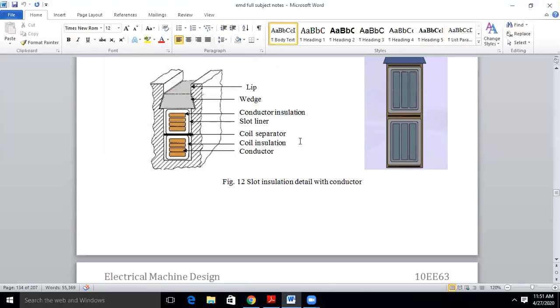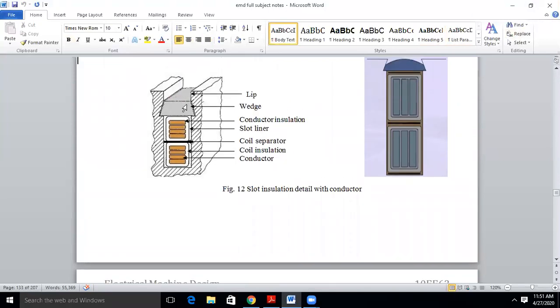This part is a lip, and this is the wedge, with a little bit more gap. Here the conductors are placed, with the conductor insulation, the slot liner, a coil separator, coil insulation, and the conductor again.